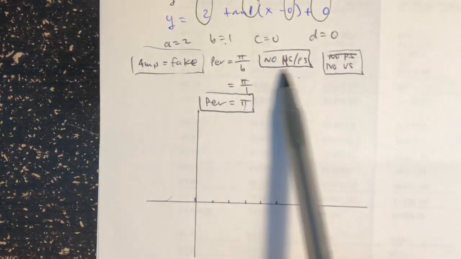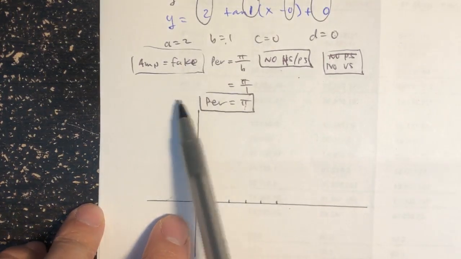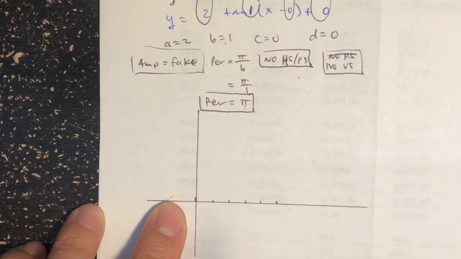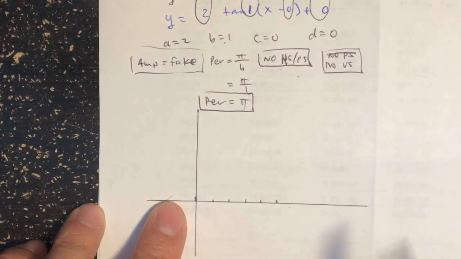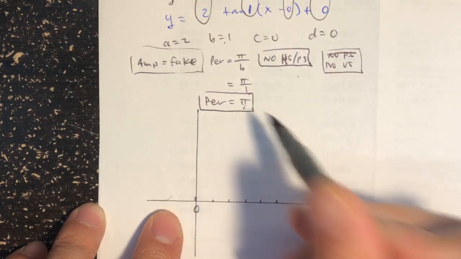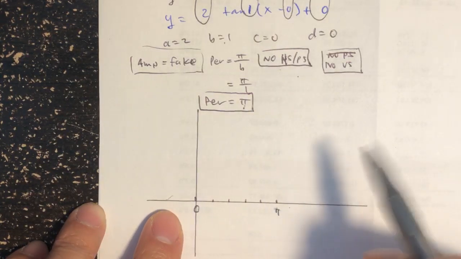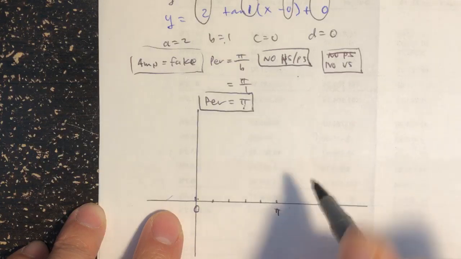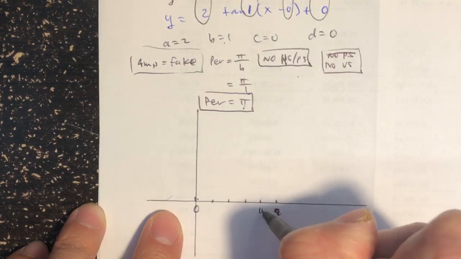So because it has no horizontal or phase shift, I don't need to put this between 0 and pi. You could, and you'll get the same. So from here, I have 0, and then pi goes over here. 1, 2, 3, 4, 5. I can't count pi.